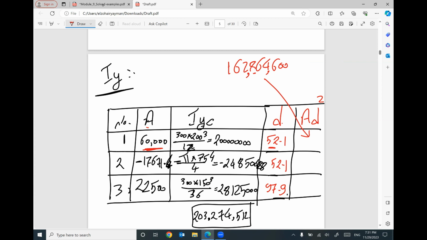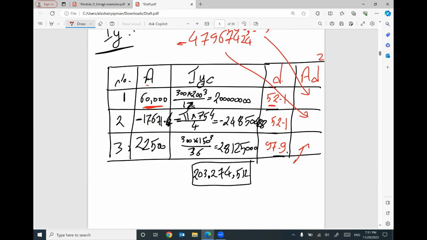This one will be negative 479647424. And this one will be 22,500 times 97.9 squared. I got 215649225. Go ahead and add them together.